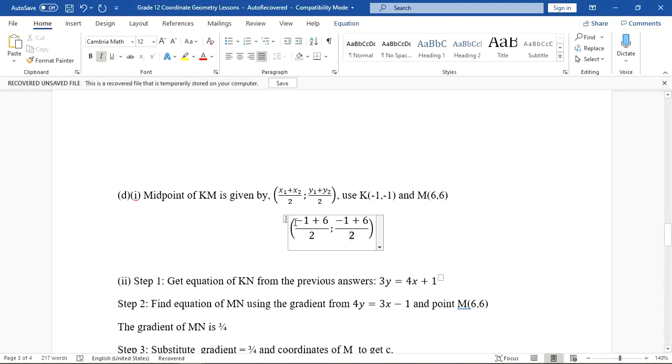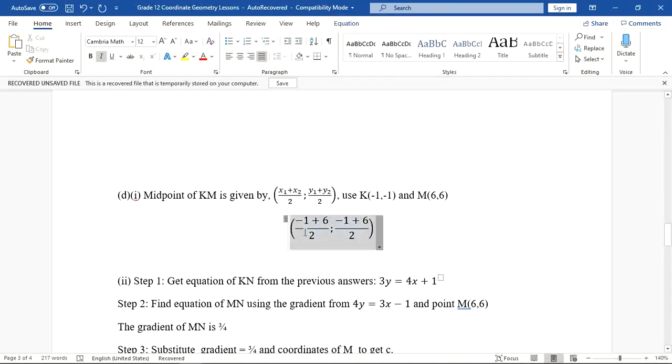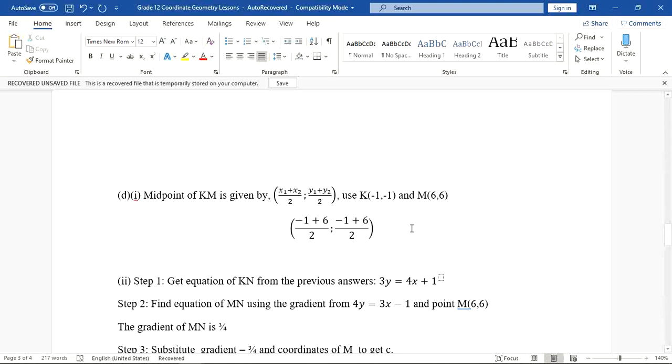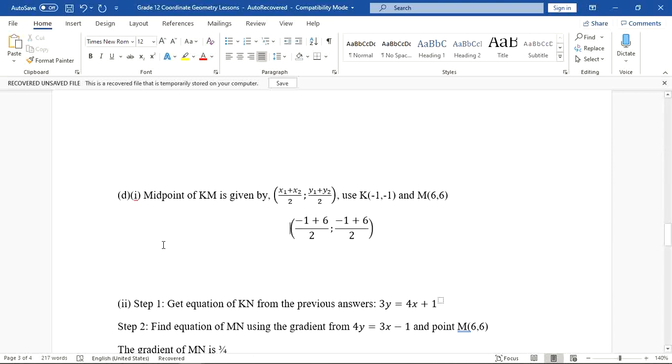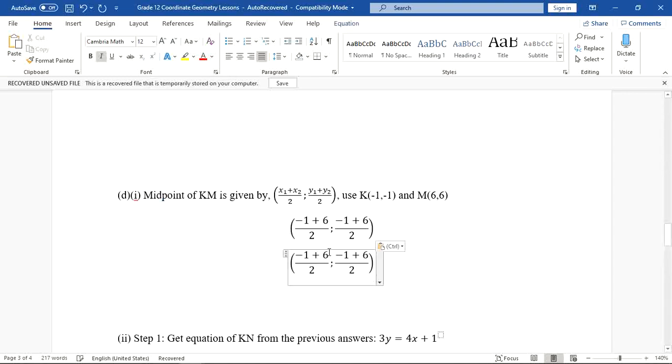Alright, if we simplify the numerators, we'll end up with this. This will now be 5 on top, because -1 plus 6 will give us a positive 5.